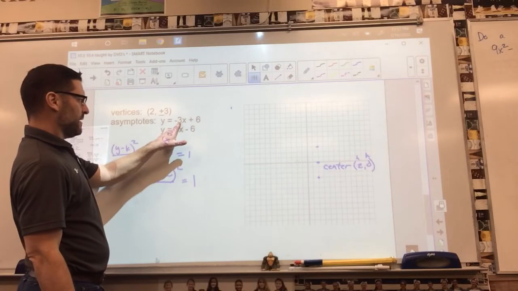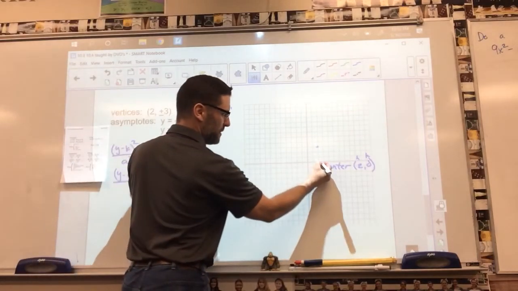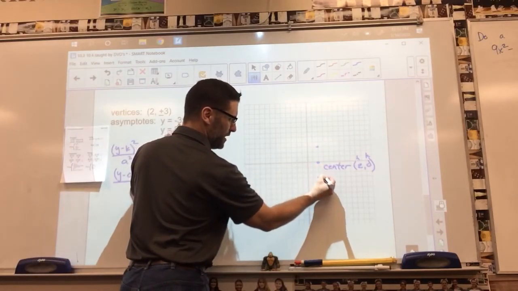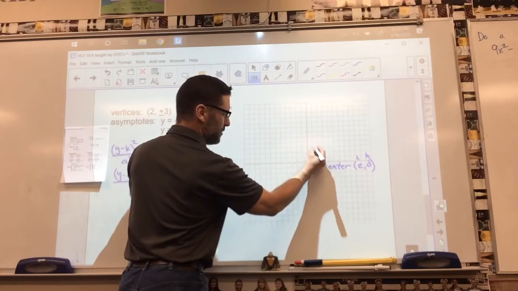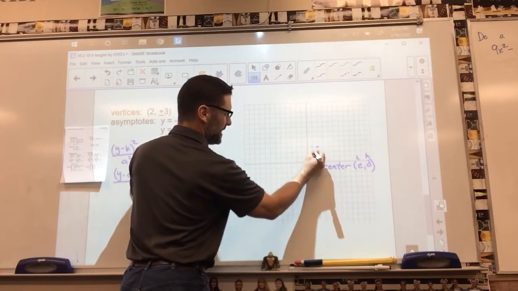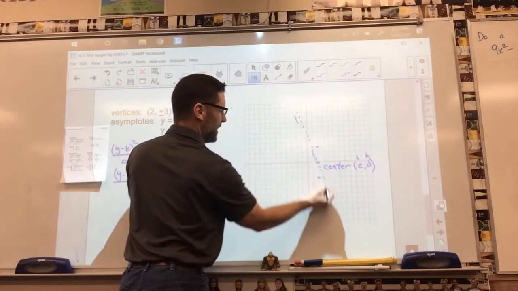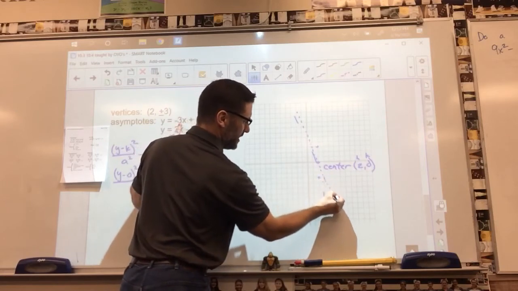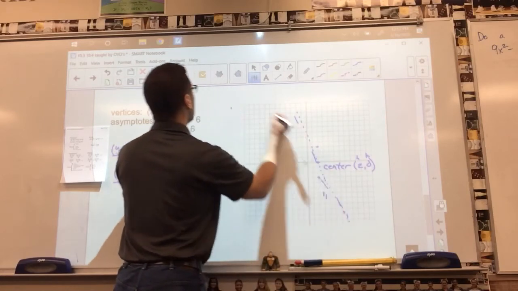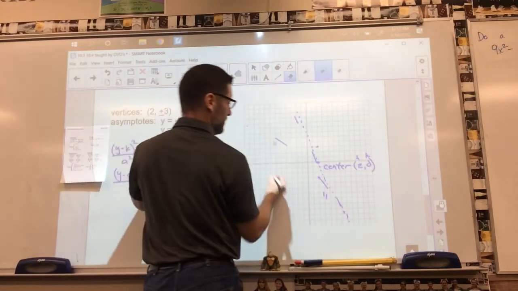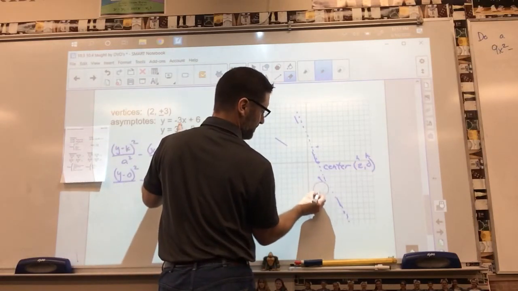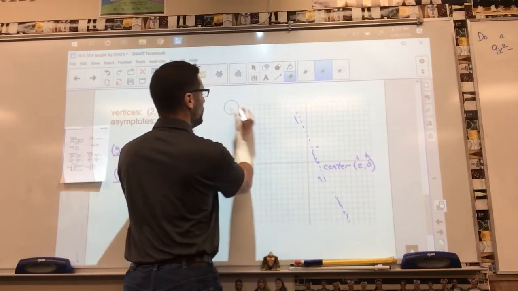So I know one of the asymptotes is down 3 over 1. So from here I go down 1, 2, 3 over 1, or up 1, 2, 3 and over 1. And I can dot in that asymptote there, and I'll dot it in down there. Let me erase that sloppiness. And I can do the same with the other one.